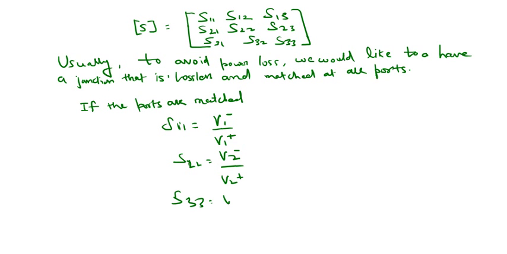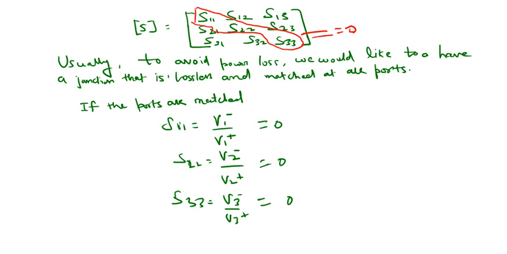S33, it is V3 minus divided by V3 plus. Now if the ports are matched, then V1 minus will be equal to 0. It means these diagonal elements are 0.